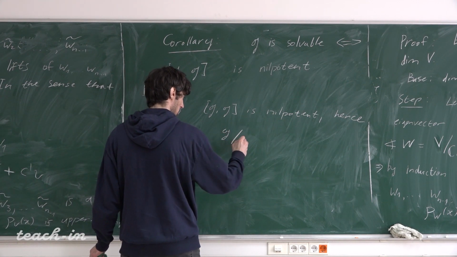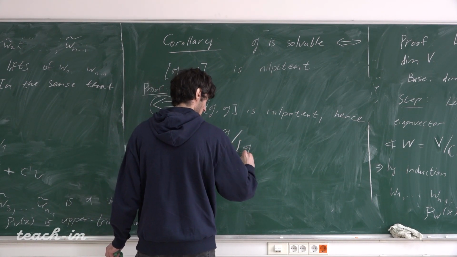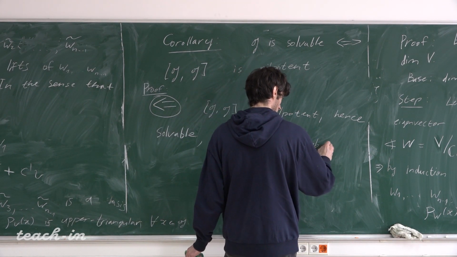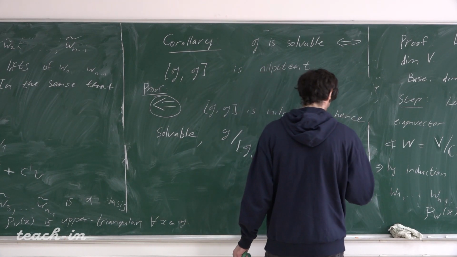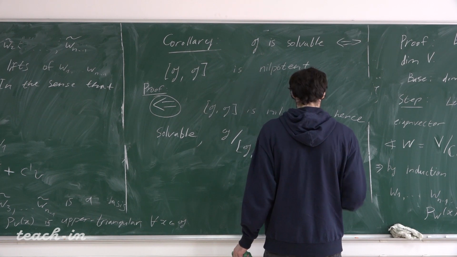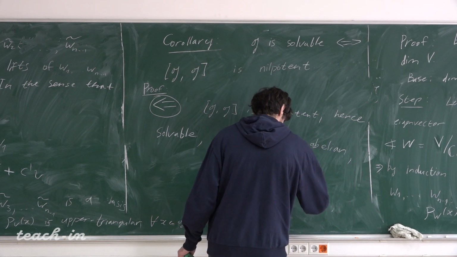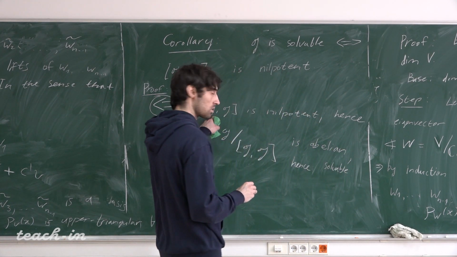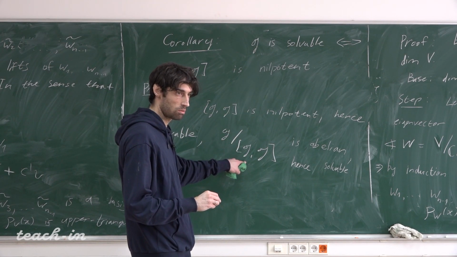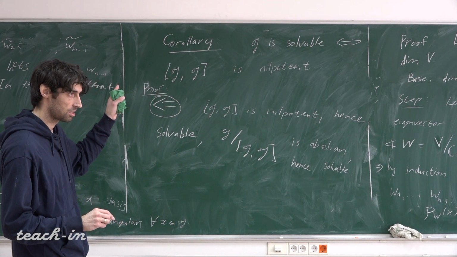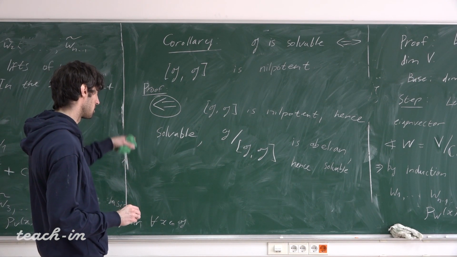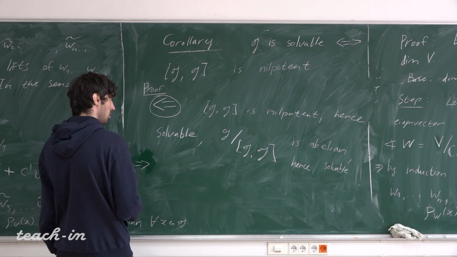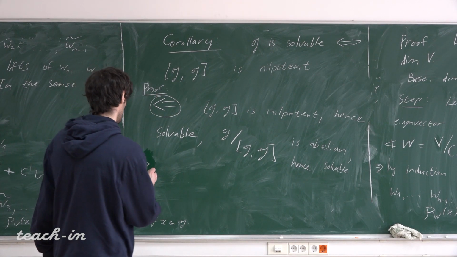So G quotient by this is abelian, and it means it's nilpotent and solvable. So we have an ideal which is solvable, a quotient which is solvable, apply the first statement of the second part of today's lecture, and we get that G is solvable.